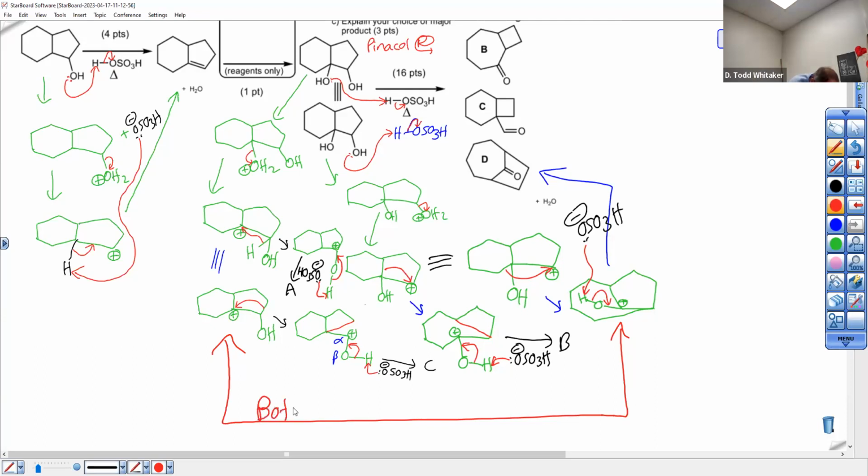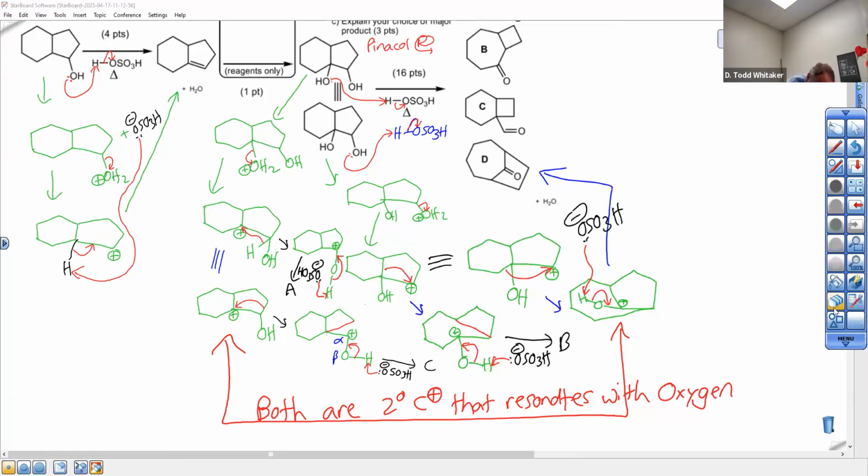Both are secondary C plus that resonate with O. That's a terrible looking A. It looks like a D. I think that's a good enough explanation because they both go to B and C. Not B and C. B and D.